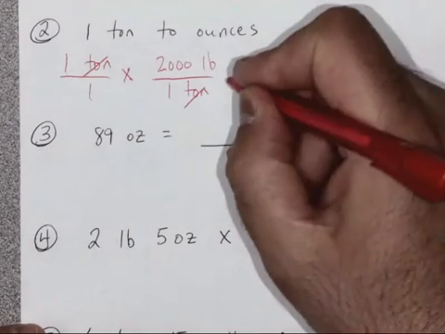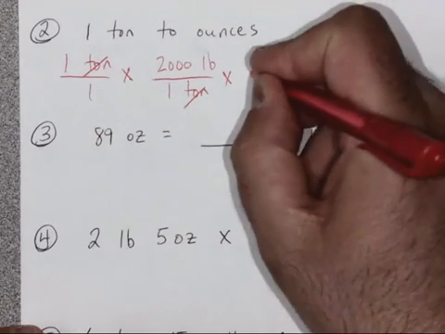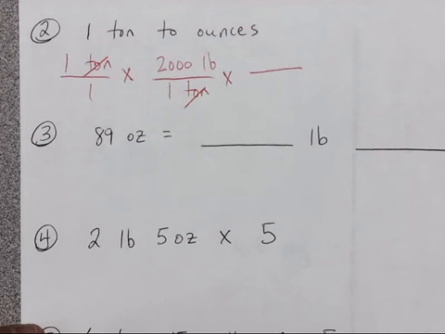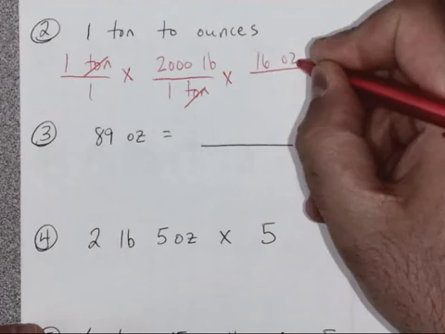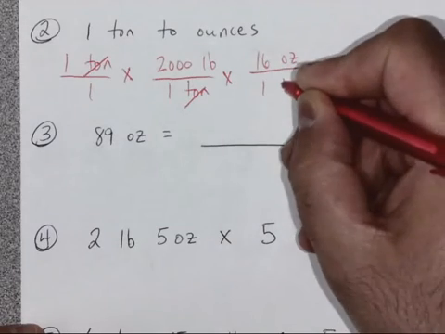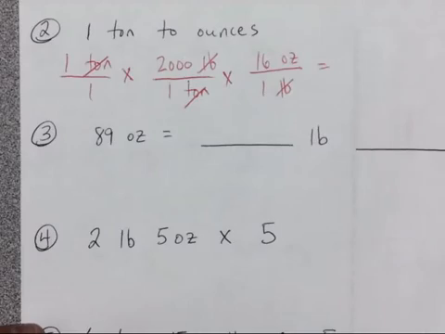And then I want to keep going and go from pounds to ounces. So we want to go from 2,000 pounds to ounces. I know that there are 16 ounces in 1 pound. I'm going to put pounds in the bottom here so that pounds cancels, and the unit that I'm left with is ounces.